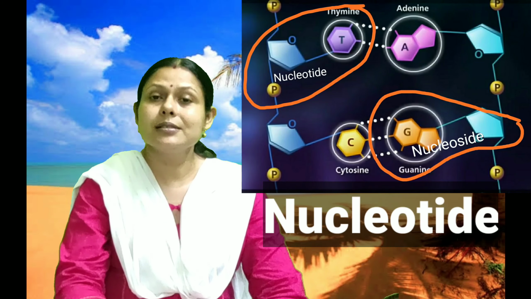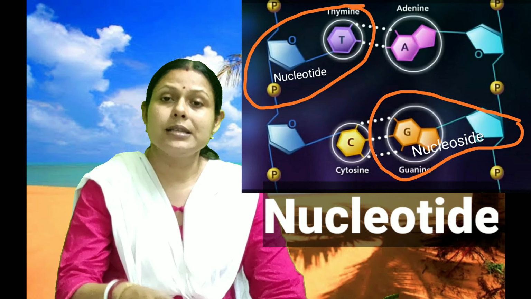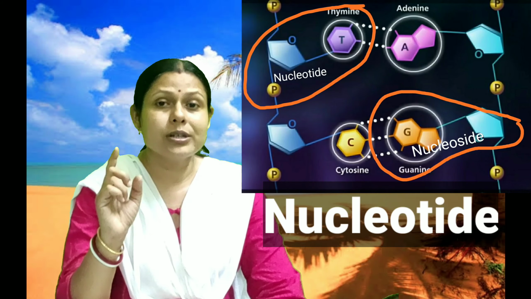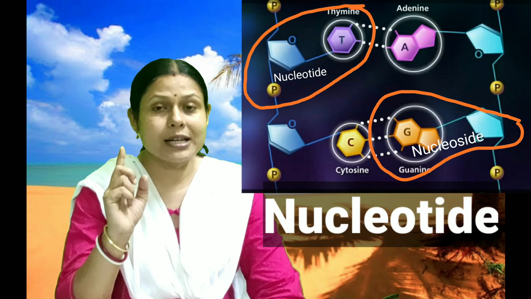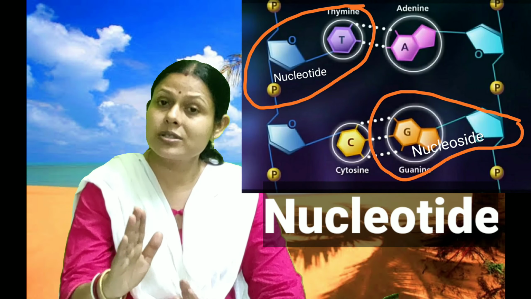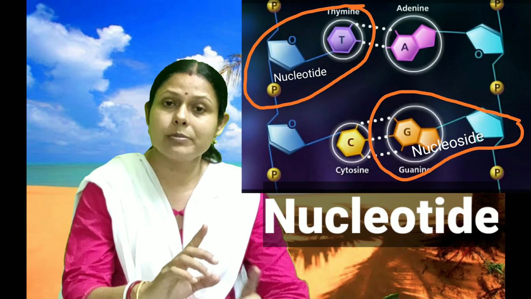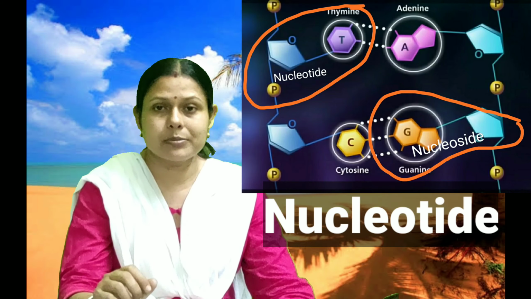Now what are these three things with which this nucleotide is made up of? One is your sugar. Now this sugar is a 5-carbon sugar, so that is why it is called a pentose sugar. In case of DNA, it is deoxyribose sugar, and in case of RNA, it is ribose sugar, but both of them are 5-carbon sugars.